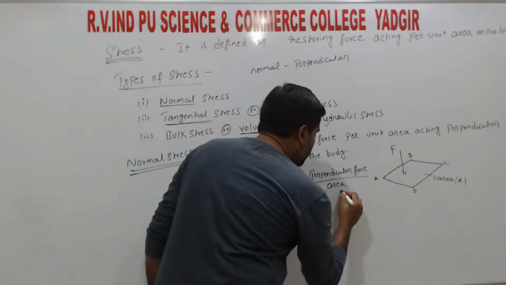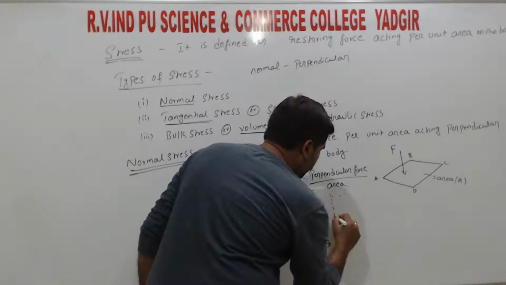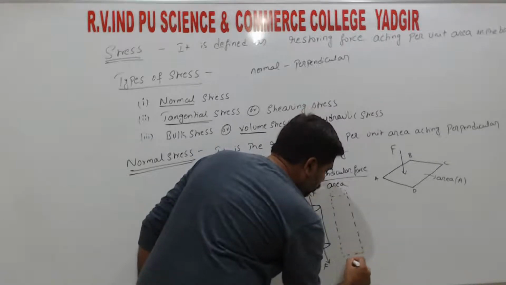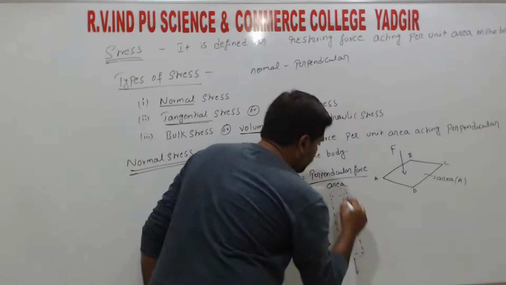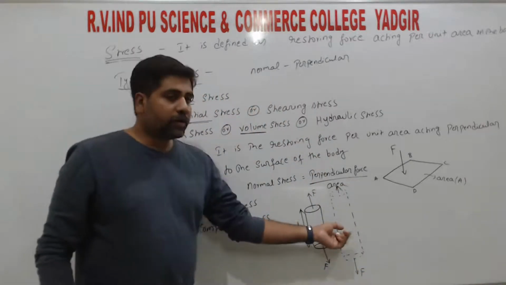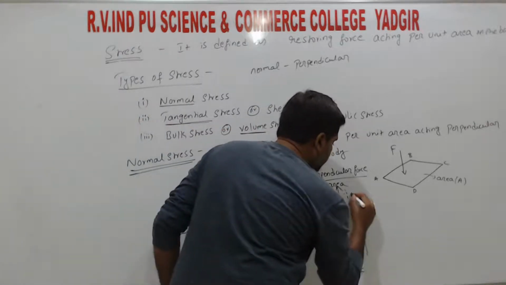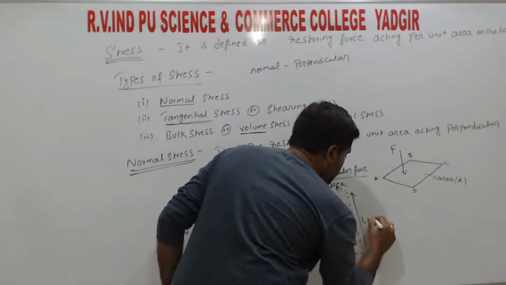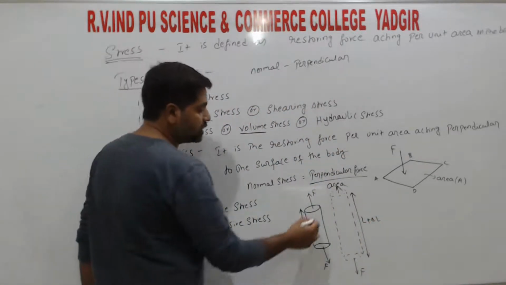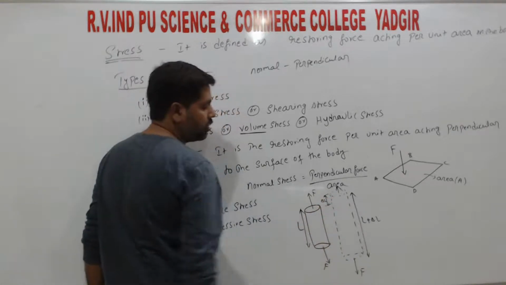Because equal and opposite forces are applied, if you compare these two diagrams, the length of the rod increases, that is by L plus delta L. Only a small amount of increase, that is the delta L.